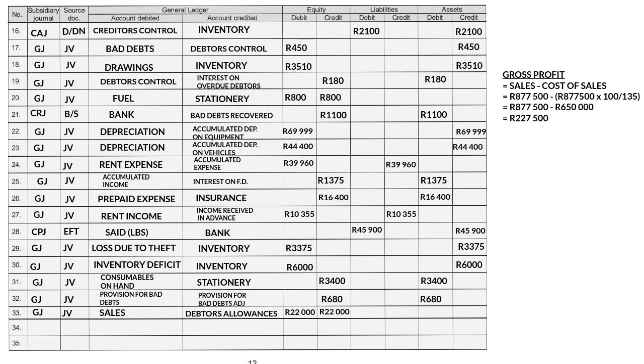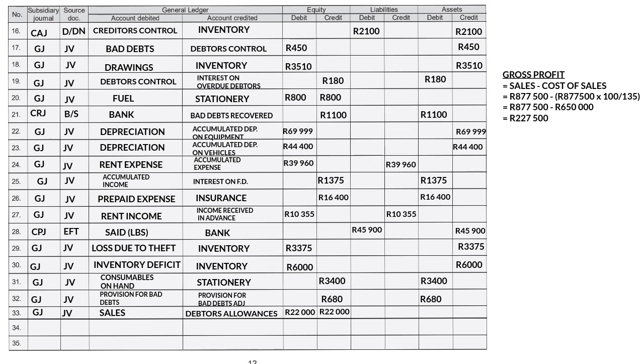Now they've given us the sales of 877,500. Although they haven't given us the cost of sales, we know that our markup was 35%. So in order to work out our cost of sales, we're going to say 877,500 times 100 divided by 135, and that gives you 650,000 Rand.